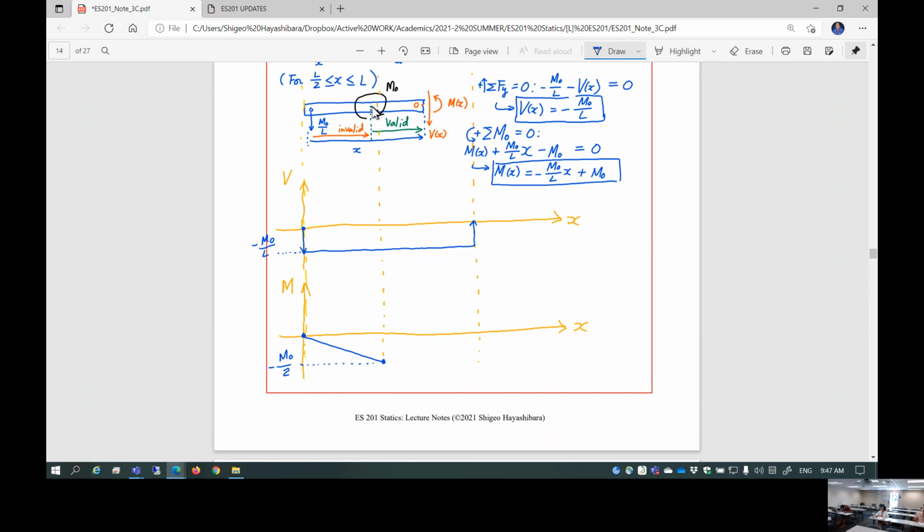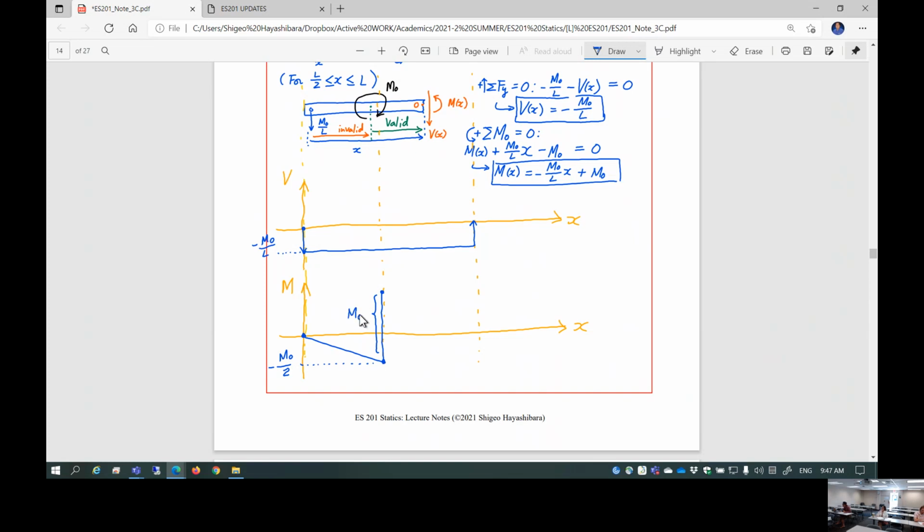If you apply external moment, what happens to the moment diagram? Jump. This is the positive direction, so the moment jumps up. How much jump do you expect? M0. So this is a jump up of the moment, M0.